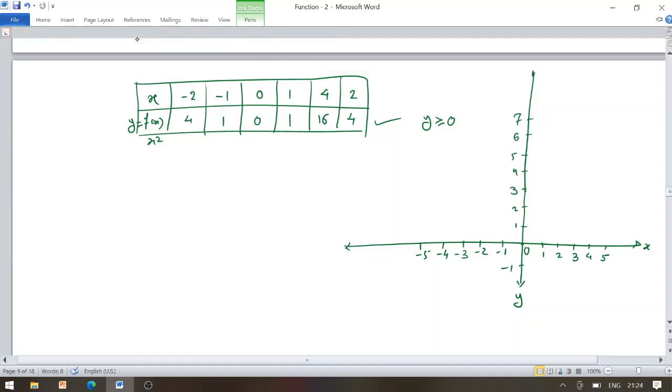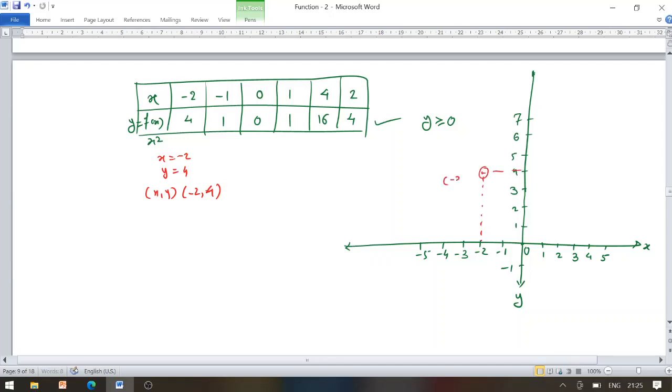So now the first coordinate is -2, 4. Once x is equal to -2 and y equals 4, the coordinate is (-2, 4) here. So -2 from the x-axis and 4 from the y-axis, the point of intersection becomes (-2, 4).